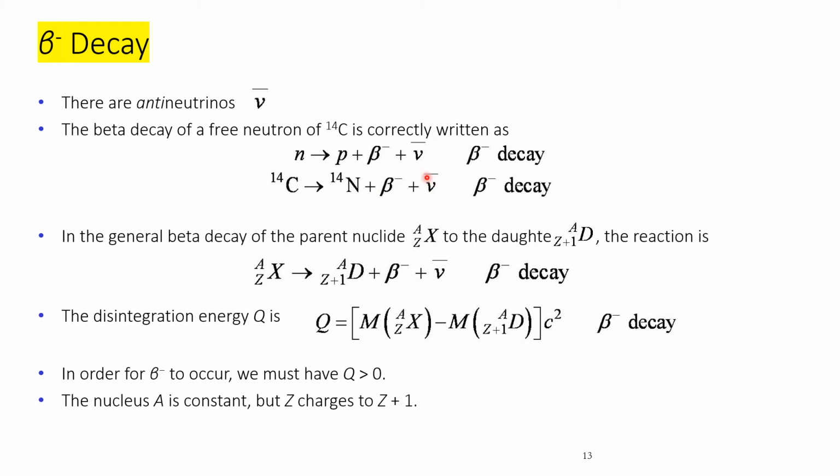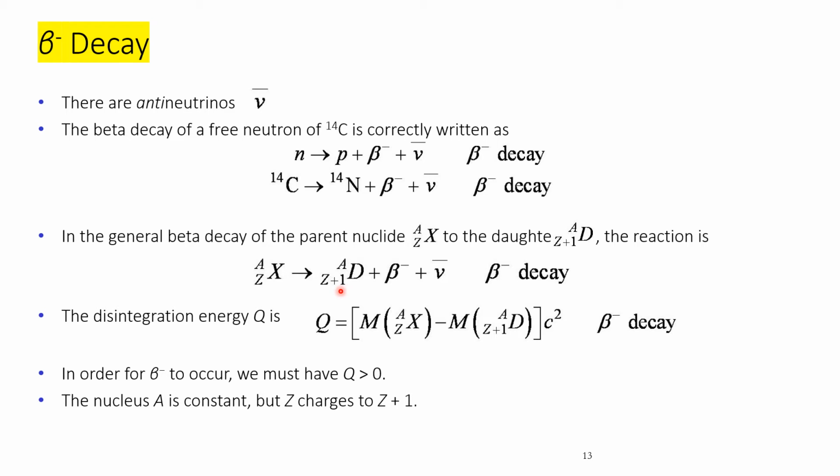or your antineutrino. In the general beta decay of the parent nuclide X to the daughter nuclide D, the reaction is given by this equation. You have your parent X, which decays into the daughter D, plus your beta minus plus your nu bar. Here, in your daughter nucleus, A is constant, but Z changes to Z plus 1.